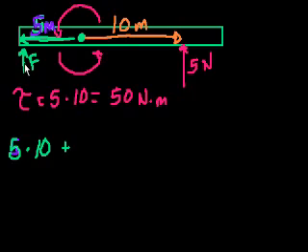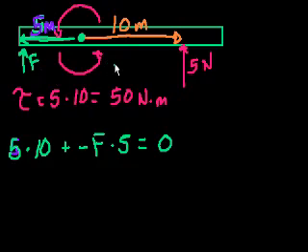Clockwise or counterclockwise? It's acting in the clockwise direction, right? This force wants to make the ruler rotate this way. So this is actually going to be a negative torque. So put a negative number here, times F, times its moment arm distance, so times 5. And all of this has to equal 0.